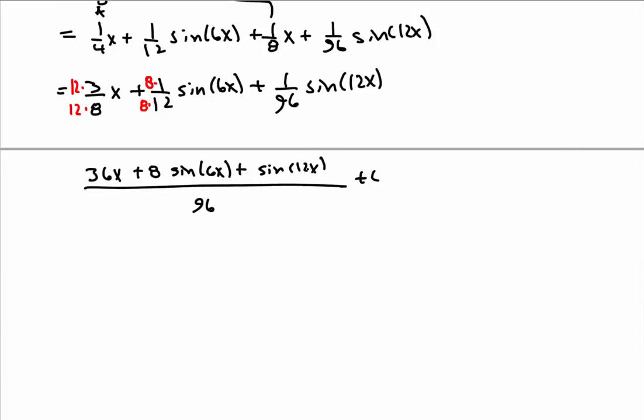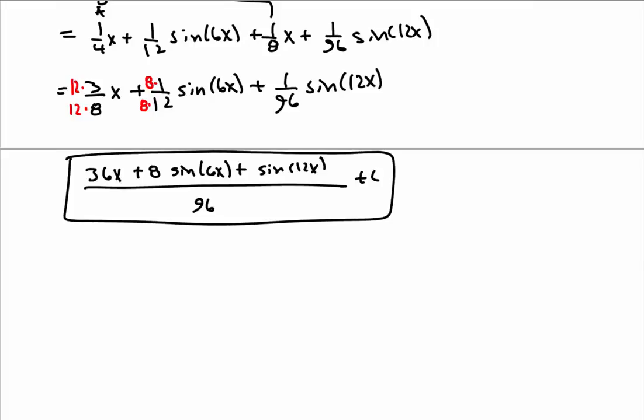Now there's really nothing I can factor out here that's common. I could rewrite these into other trig identities and try and do something there, but I think that this is about as far as we can take this solution. If you want to pull the 1 over 96 out front, you could, but this is actually in a perfect spot here to go ahead and evaluate an expression or take a limit if we needed to at some point.